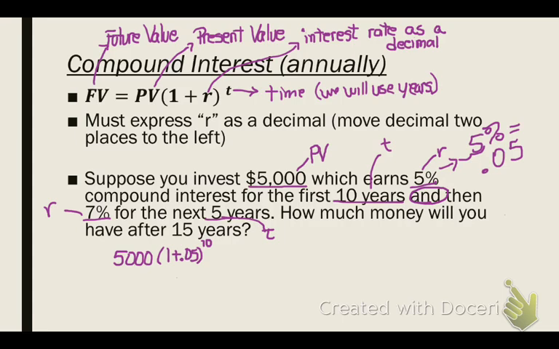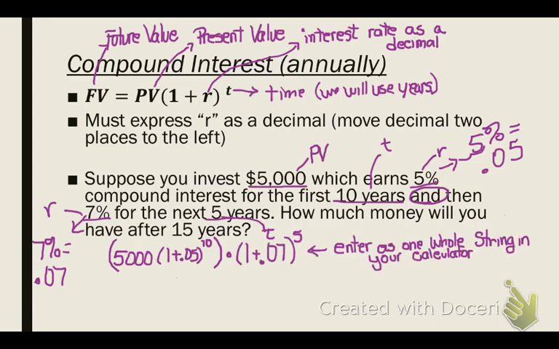Then I'm going to take that entire quantity, so I'm going to put the whole thing in parentheses, and I'm going to take that times 1 plus the 7% interest expressed as 0.07 raised to 5, which is the next 5 years. And I'm literally going to enter this entire string in my calculator. Make sure that you have all the parentheses in there, and when you do, you will get that in 15 years I'll have $11,423.04. And that's probably rounded.